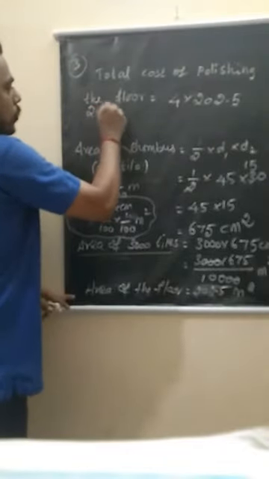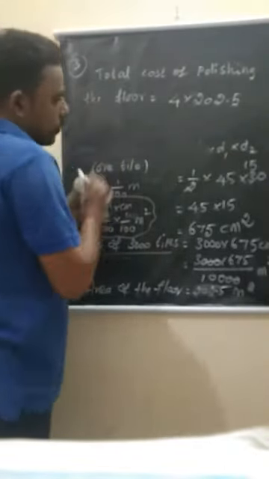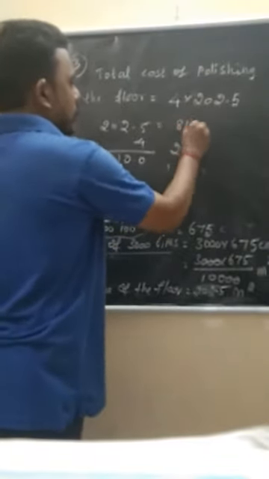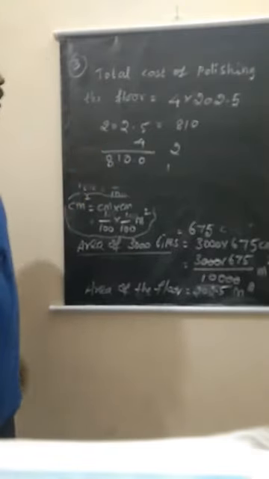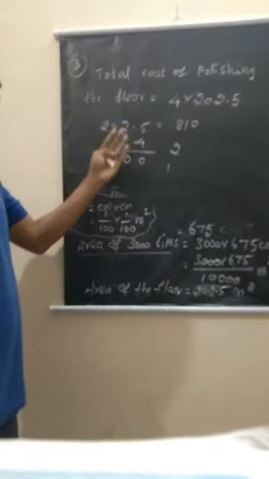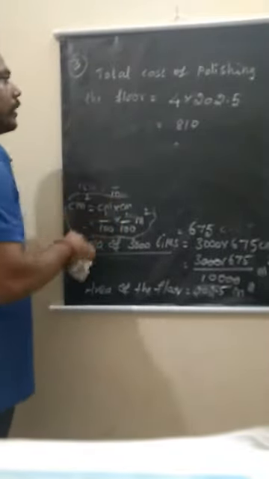So multiply 202.5 into 4. So here one decimal, so rupees 810. So 202.5, for each meter square the cost is 4 rupees. For 202.5 meter square the cost is 810 rupees. So rupees 810. So like that we need to solve this problem.